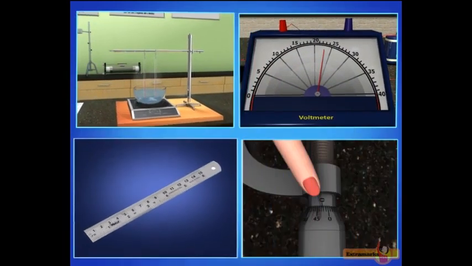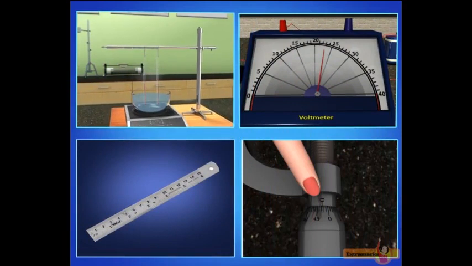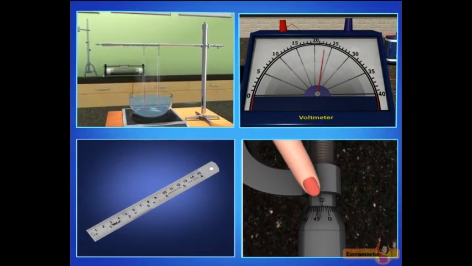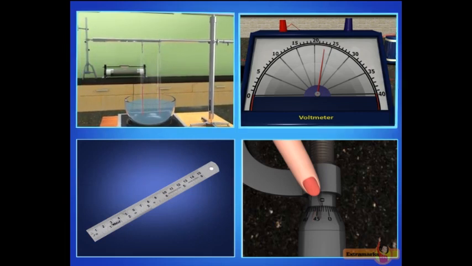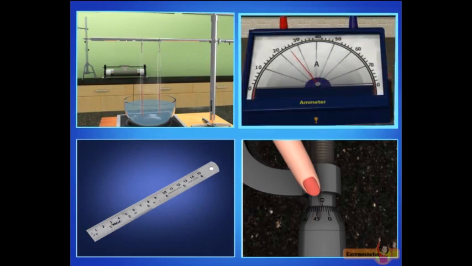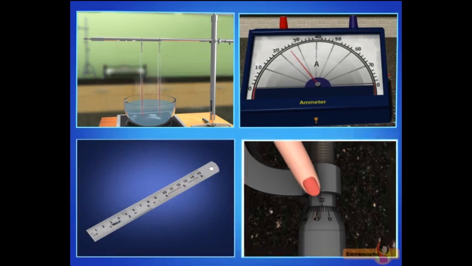These types of errors arise due to imperfection in design or calibration of measuring instruments like thermometer, voltmeter, ammeter, meter scale, and screw gauge, etc.